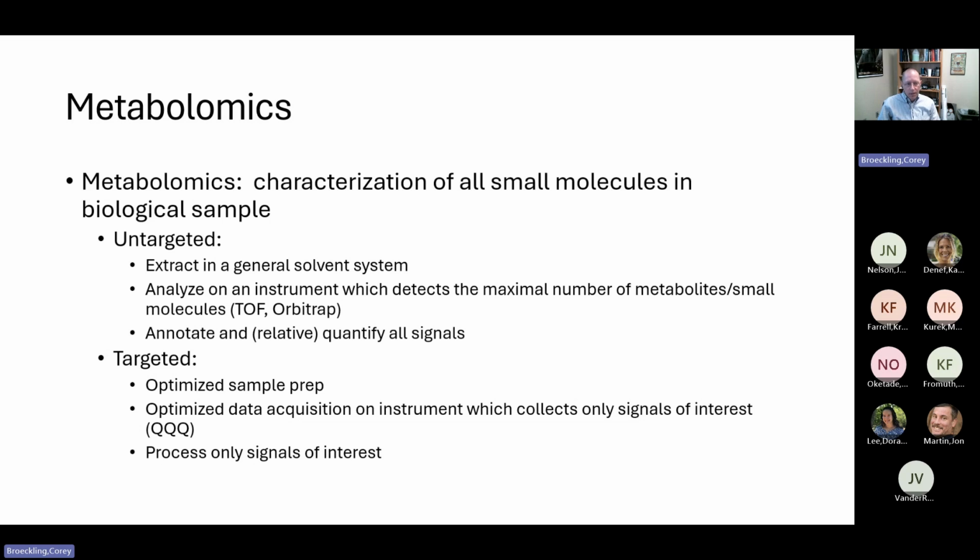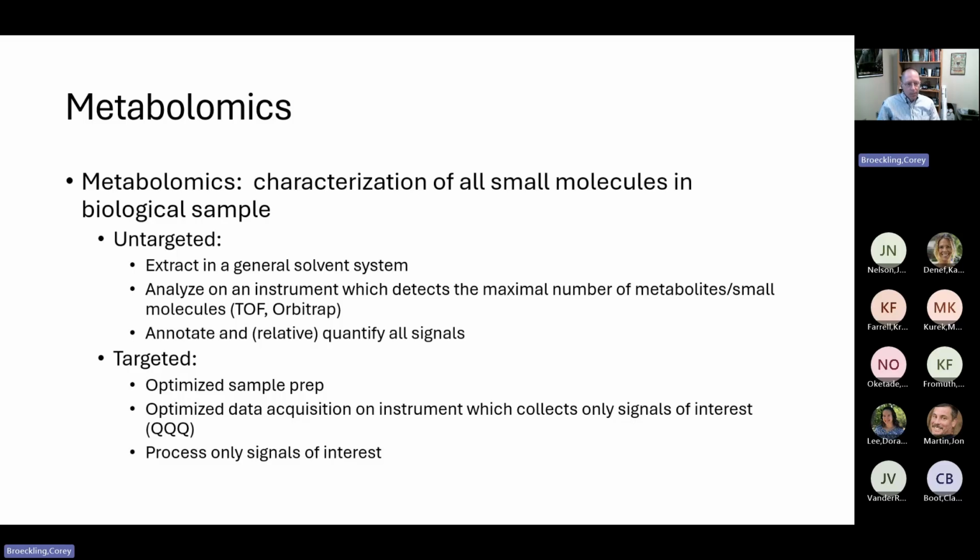Generally speaking, this is done on a time-of-flight or an Orbitrap instrument because they offer high mass resolving power and mass accuracy, which we'll spend more time talking about later. And then we annotate those signals and use signal intensity as a surrogate to provide approximate relative quantitative data. So we can see how the metabolite concentrations are changing, even if we don't actually measure the actual concentration.